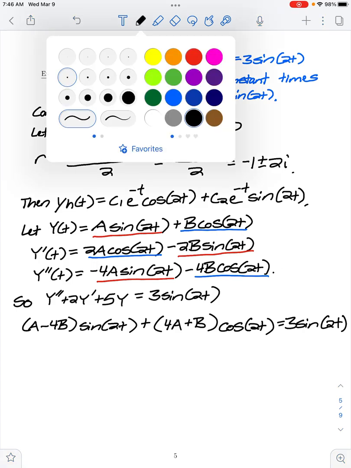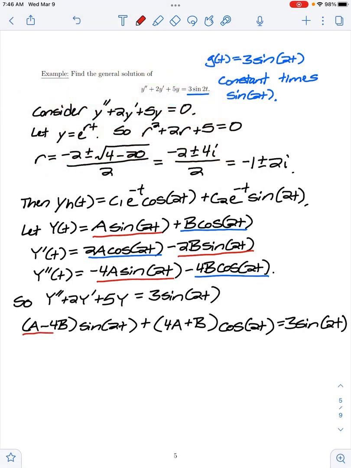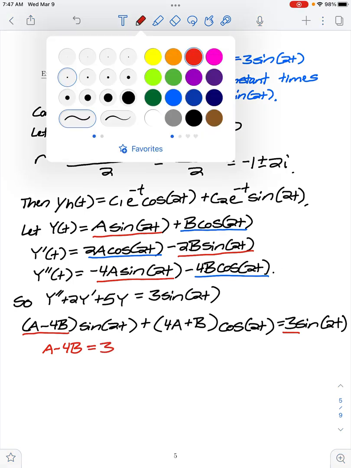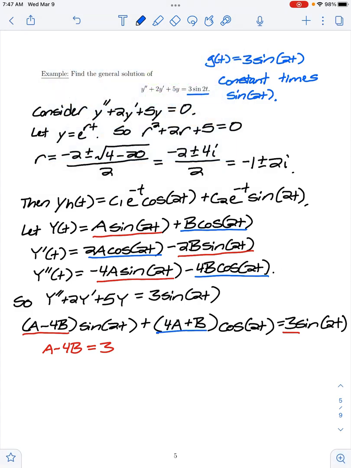So equating the sine and cosine coefficients, we find a minus 4b needs to equal 3. And then equating the cosine terms, we find that 4a plus b must be 0, since we didn't have a cosine term on the right-hand side.